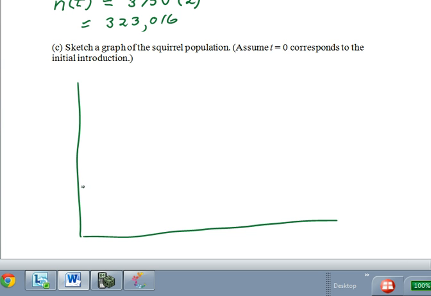I'm going to count by 100,000s on the y-axis, which is for n of t, and by tens on the x-axis, which is for the time. So first of all, we have the point 0, 3,750.